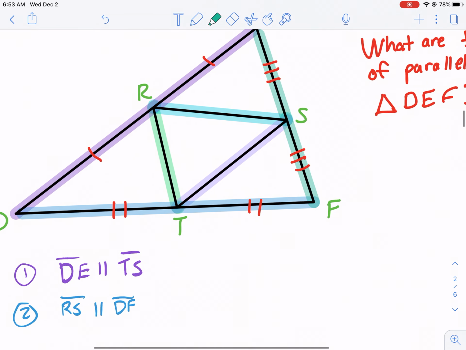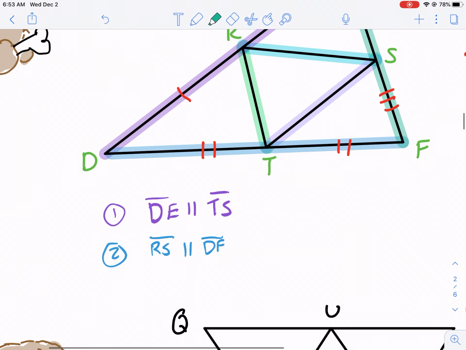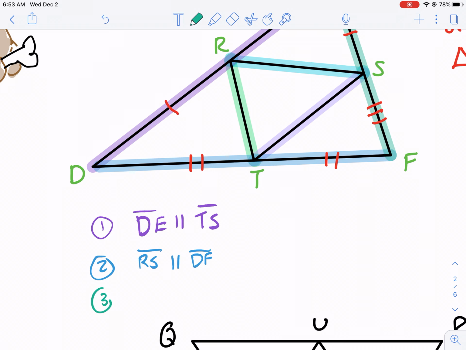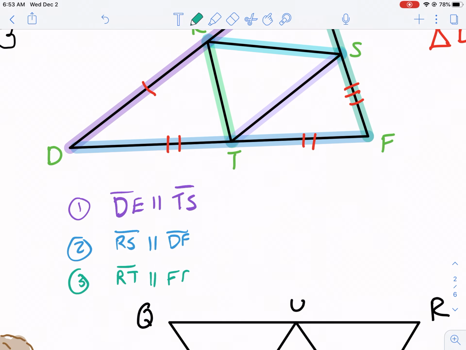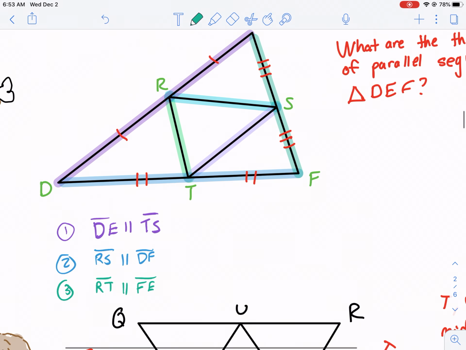Clearly we have RT parallel to the side that doesn't touch it, and that is EF. So we're going to say RT parallel to FE. For all those chemistry folks out there, that's iron. So we have our 3 pairs of parallel segments, and there we go.